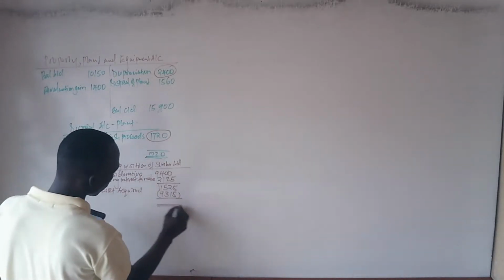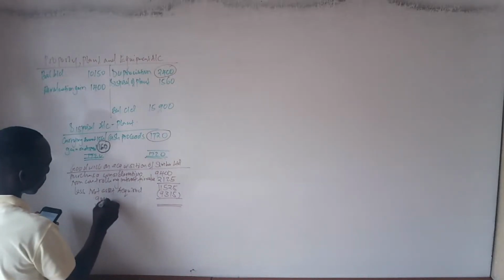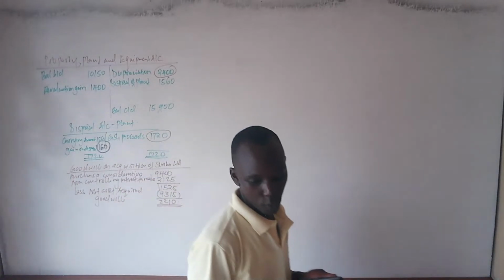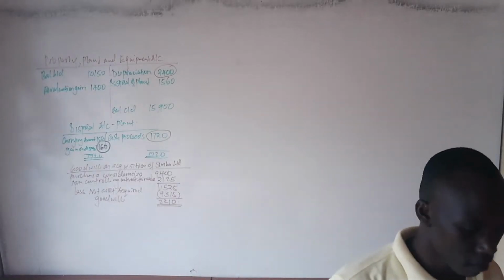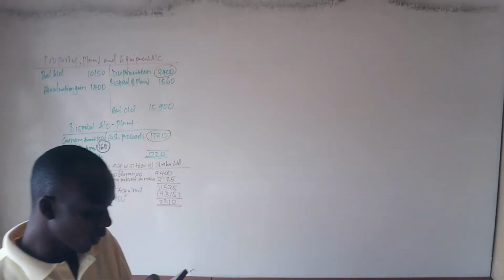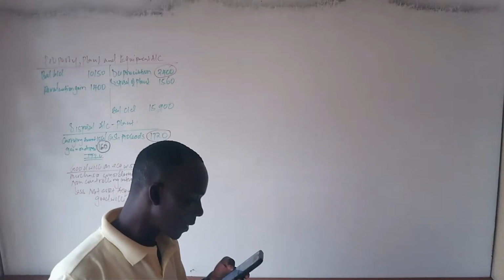And then we are going to get the goodwill of the difference, 2,210. We have the goodwill of 2,210, and we don't know whether that was impaired. We will know later.